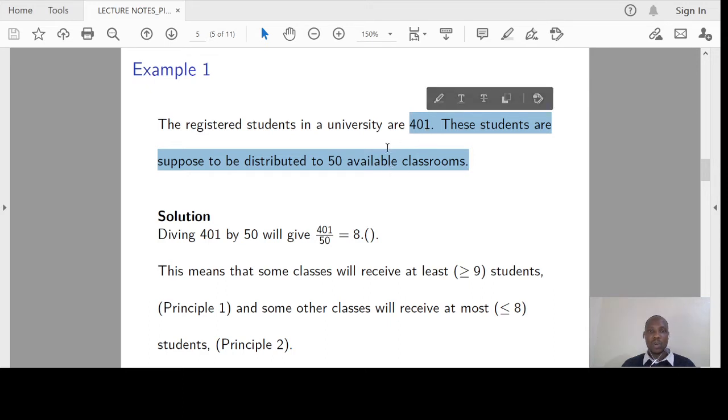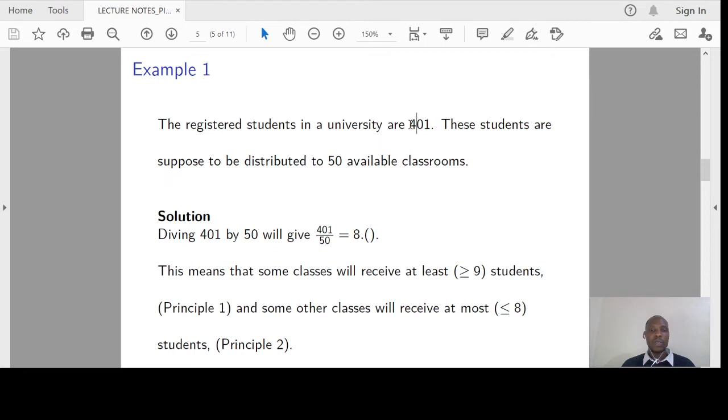Then you use what we call the pigeonhole principle. The solution here is that we would want to divide this number of students by the available number of classes. So it will be 401 divided by 50, and this will give 8 point something.